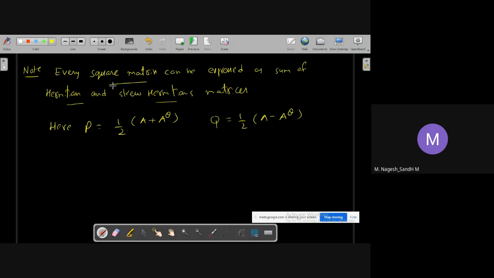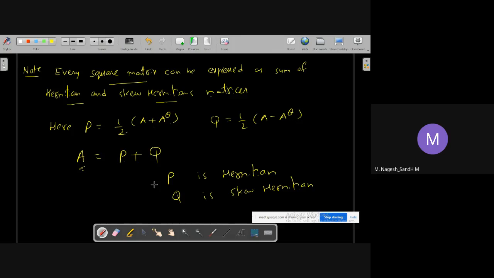Remember, every square matrix can be expressed as a sum of Hermitian and skew Hermitian matrices. If A is a given matrix, we can write it in the form P plus Q, where P is Hermitian and Q is skew Hermitian.